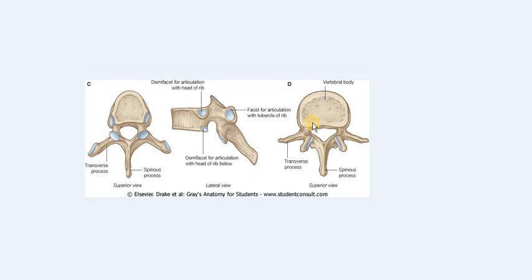The transverse process of the 5th lumbar vertebrae provides attachment to the iliolumbar ligaments to connect the transverse process to the hip bones or pelvic bones. That's why the 5th lumbar vertebrae is called the atypical vertebrae due to its distinguishing features of the transverse process.